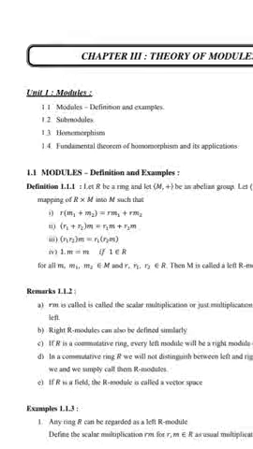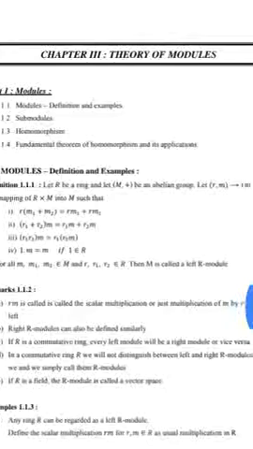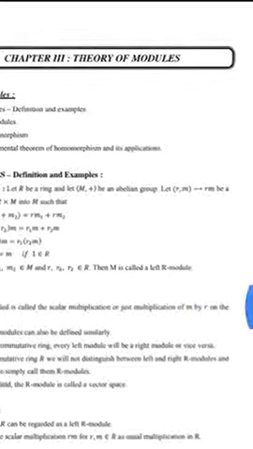Now see the definitions. As a group satisfies definitions, as a ring satisfies definitions, in this way similarly, the definition of modules. Let R be a ring and let (M, +) be an abelian group.